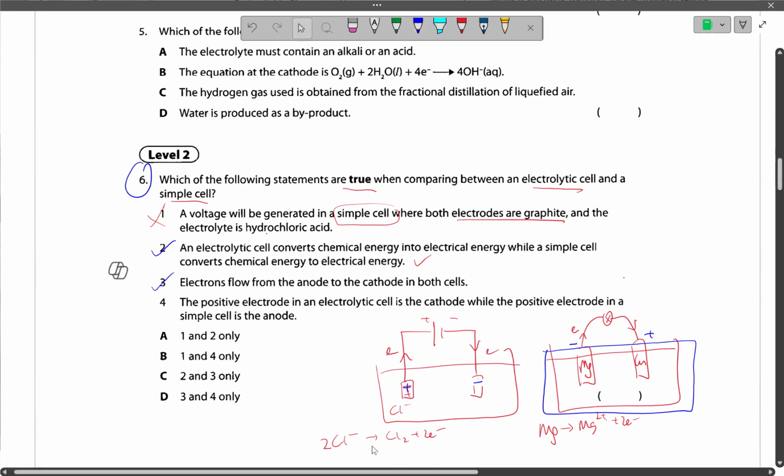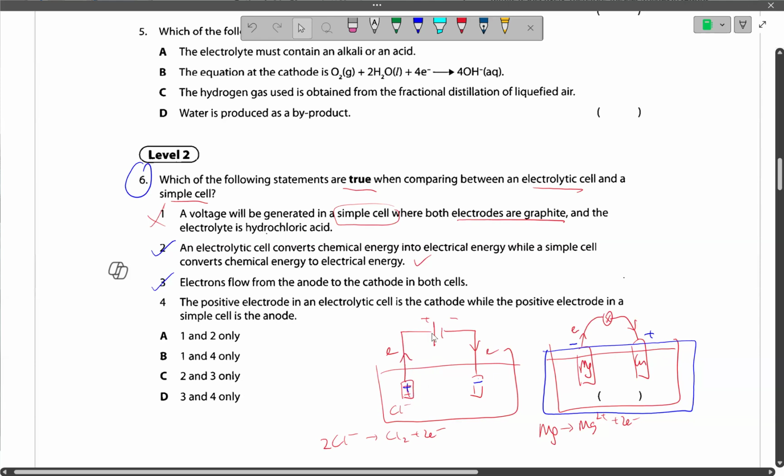Anode is always oxidation. You see that? Anion oxidize. This is metal oxidize. So anode is always oxidation. Anode is always a place where electron will come out to the external circuit. But if you view this chemical cell as a battery, the electron coming out means it's negative on this side, that's why electron comes out. Not because of the battery, like in the electrolytic cell, where the battery positive actually pulls the electron out and makes it positive.